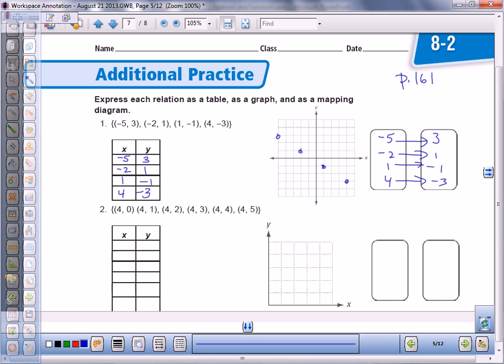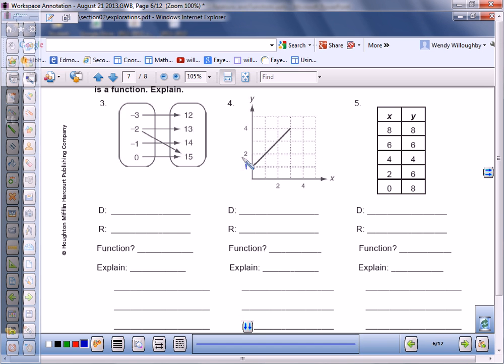I would like you to do number 3. And number 5, you're asked to write the domain and the range. So write it as a set. Write the function. And then explain. You know what? You don't have to write the explanation, but be ready to say it out loud.